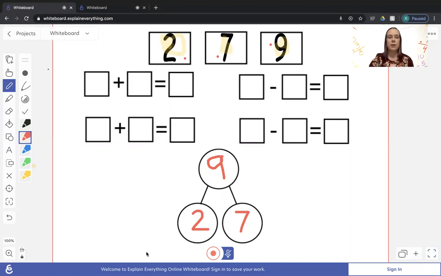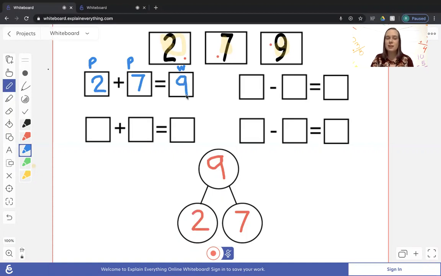So we could come over here to these addition equations and we could plug in our parts and our whole. So the first one, remember when we're writing these into an equation, we do part plus part equals whole. So I have one part that is 2, and I have another one that is 7, so that would be my second addend, and 2 plus 7 equals 9.